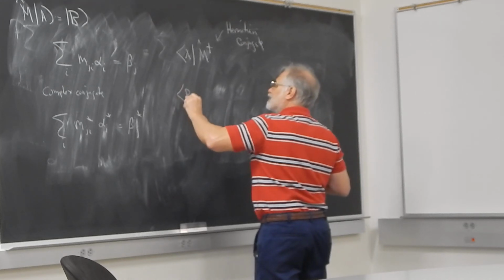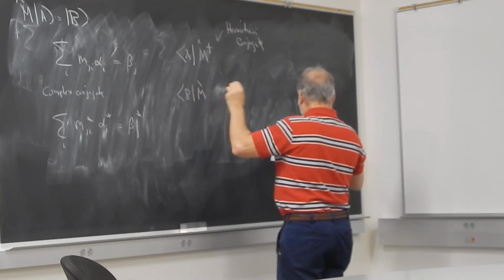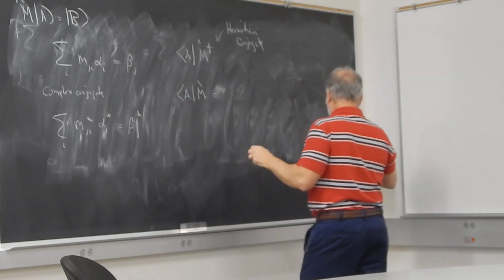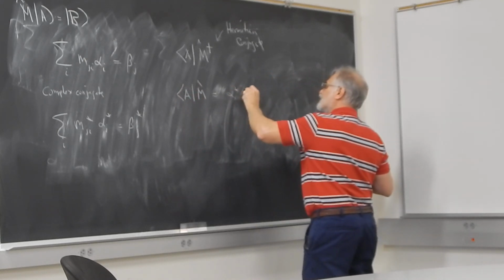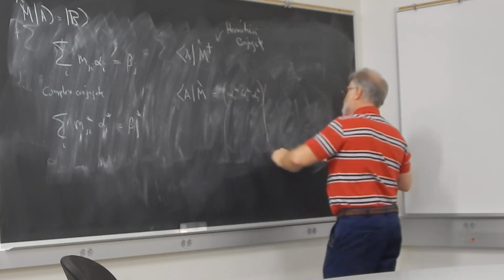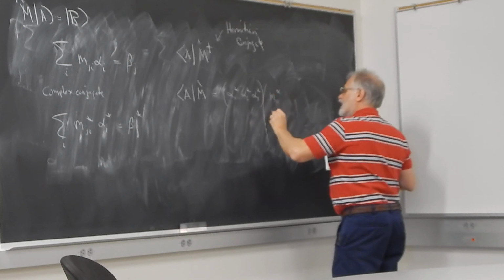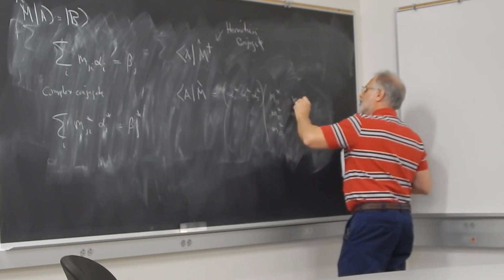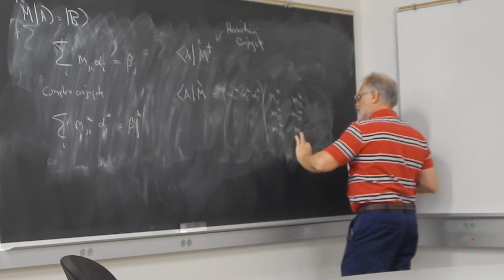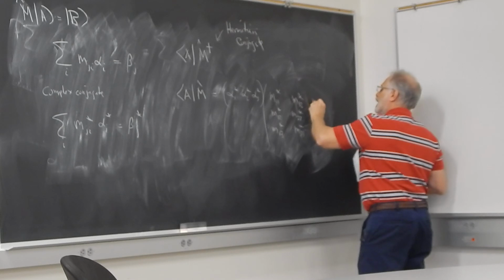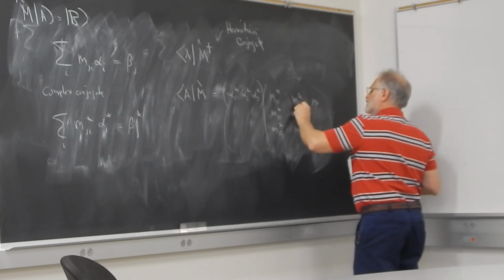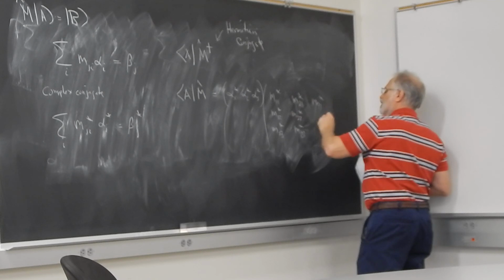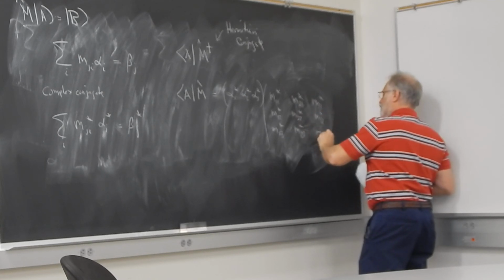So in short, something like A times M would be written as alpha 1 star, alpha 2 star, alpha 3 star times the matrix with entries M11 star, M12 star, M13 star, M21 star, M22 star, M23 star, M31 star, M32 star, M33 star.